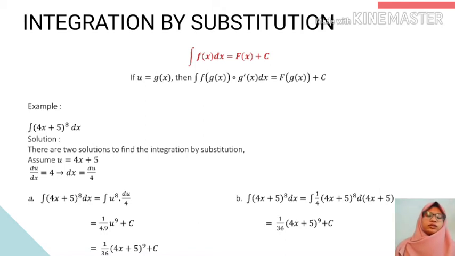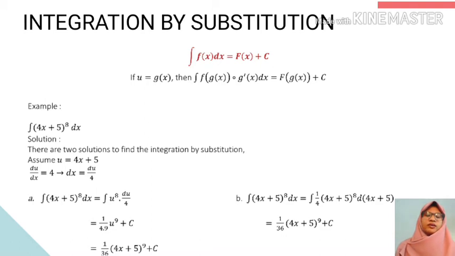There are two solutions to find the integration by substitution. Assume u as 4x plus 5. du/dx is 4. Therefore, dx is du over 4. The first solution is to change 4x plus 5 into u and dx into du over 4. Then, complete the solution. Don't forget to express the final answer in terms of the original variable x.